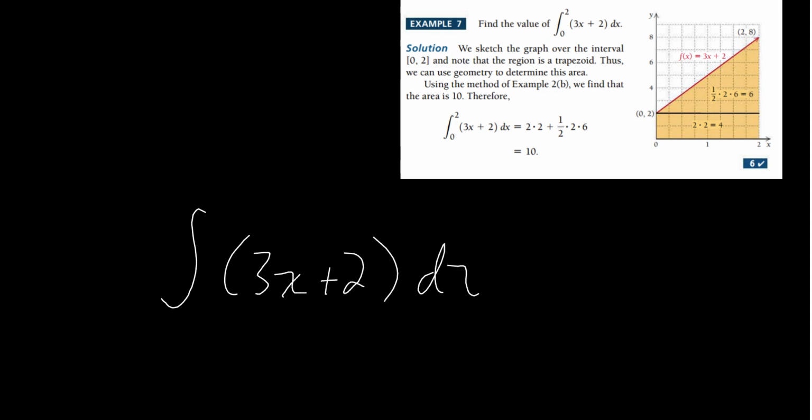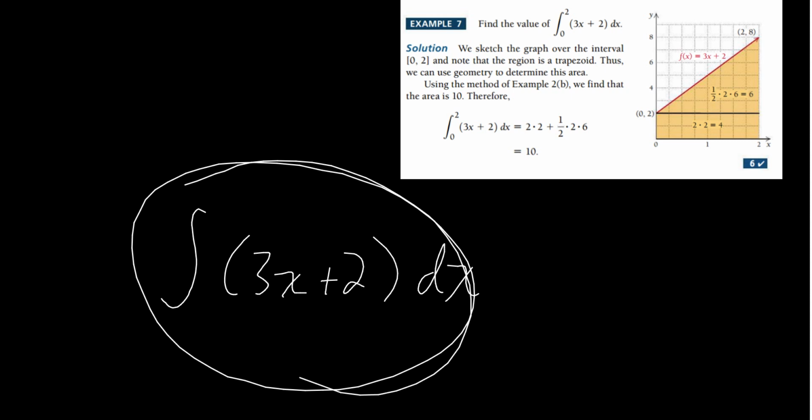So it says find the value of, all right, so we have our integral, and again, let's go ahead and write this like this real fast. This is a notation that we used in 4.1. We're used to this so far, hopefully.